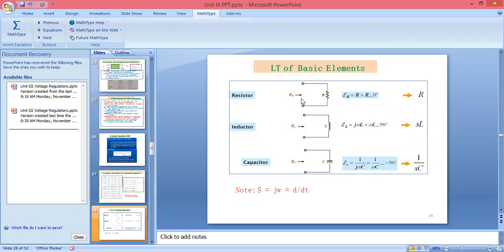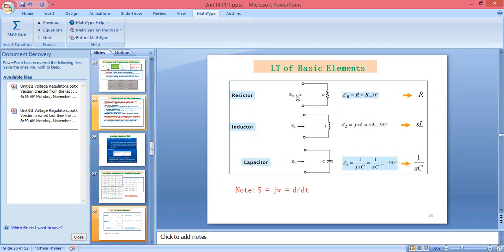If we are calculating the impedance, we can denote impedance by letter Z. Already we have seen in yesterday's session the two-port network. This is part of the two-port network. Already we have seen how we call these impedance, and admittance is nothing but the reciprocal. We can denote admittance by letter Y, and we denote impedance by letter Z.